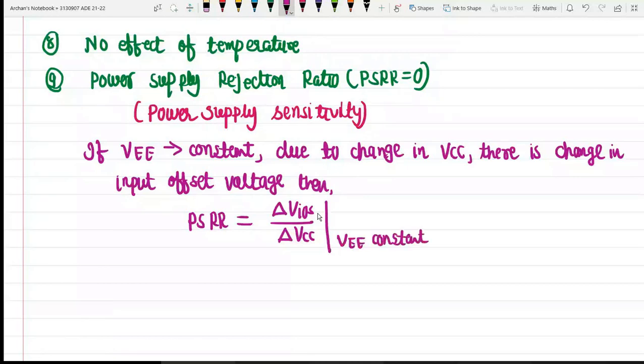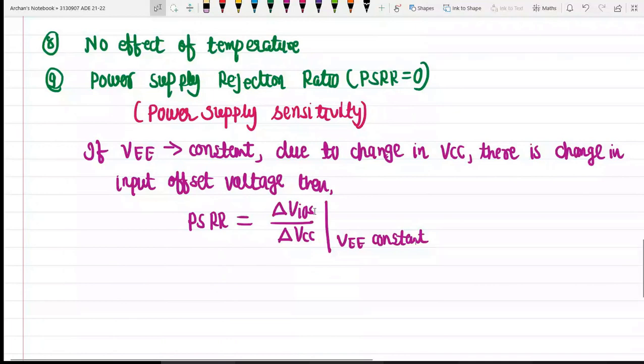Okay, so this is nothing but the ratio of the change in input offset voltage due to change in the supply voltage. Okay, any one supply voltage, whenever I am changing VCC, I am observing there is a small change in the input offset voltage.